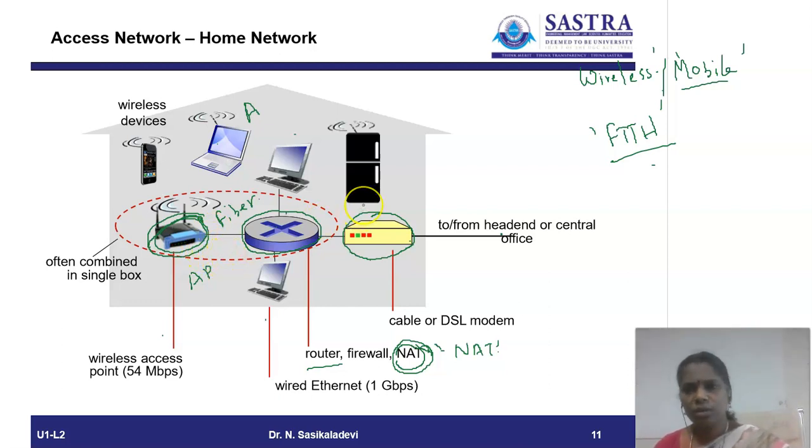Like the Vodafone advertisement, wherever you go, our network follows. Similarly, wherever you go, you can access the internet. Mobility means you are moving from one location to another. The devices will move from one place to another, and during that movement, they are capable of continuing the communication.